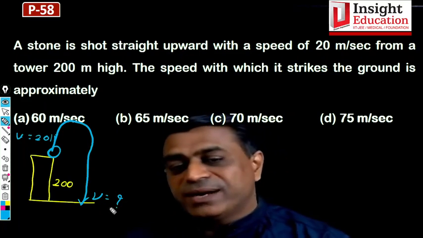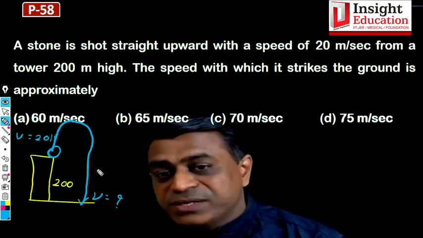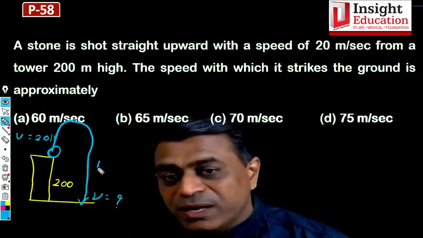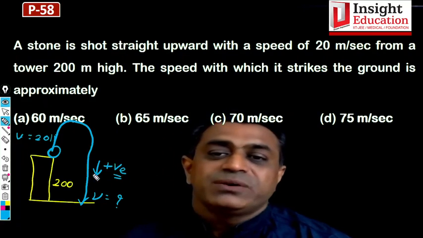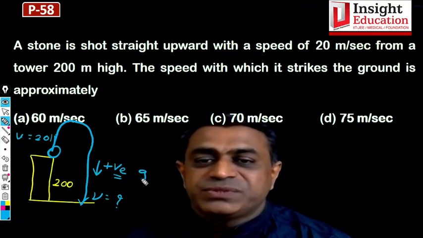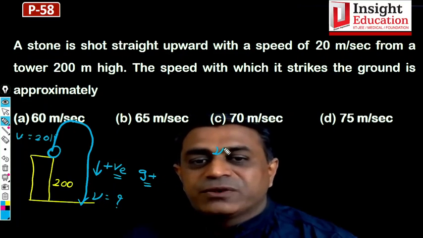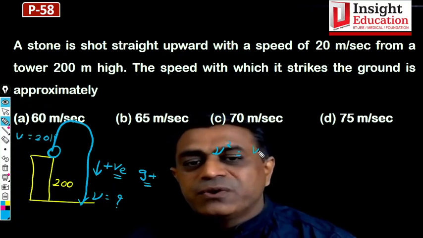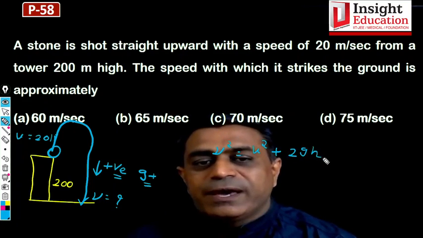So how to start? First we want to find the final velocity. We can consider the motion of the ball in the downward direction, so we consider this direction as positive. The value of g is also positive. So final velocity v: v square is equal to u square plus 2gh.